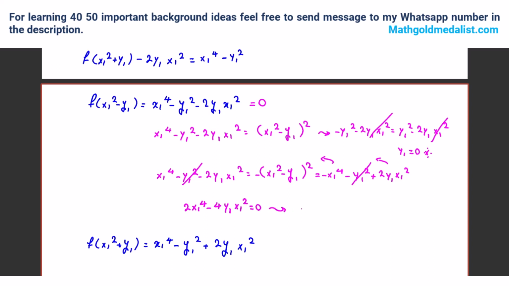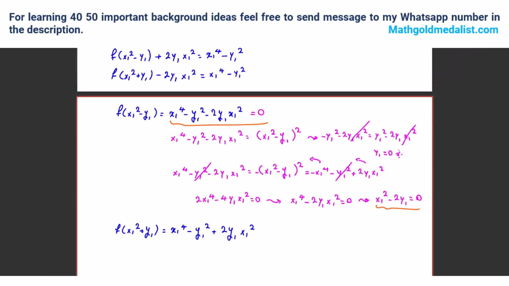We can divide both sides by 2, so x1 to the 4 minus 2y1 x1 squared is equal to 0. Because x1 is not 0, we can divide both sides by x1 squared, so x1 squared minus 2y1 is equal to 0. Okay, so we have two cases here.